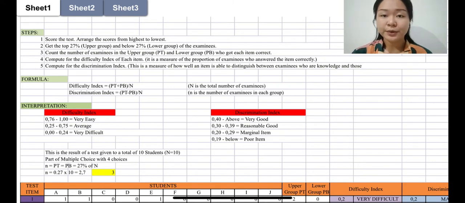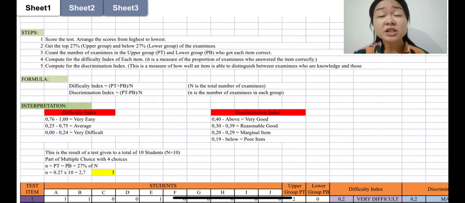In the interpretation of the difficulty index, there are three levels. 0.00 until 0.24 is very difficult, 0.25 until 0.75 is average, and 0.76 until 1.0 is very easy.